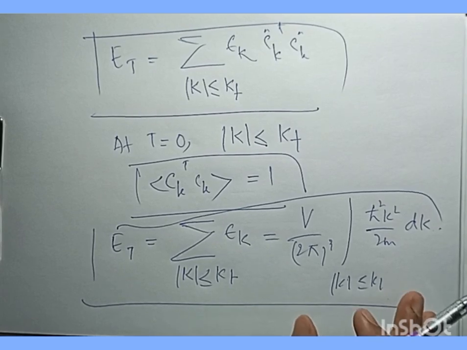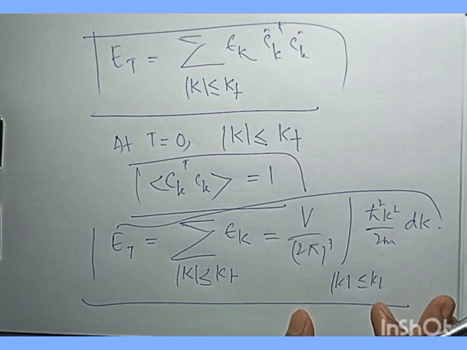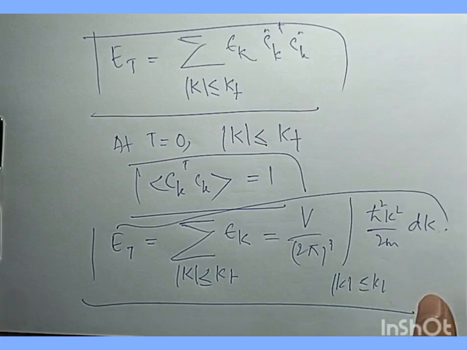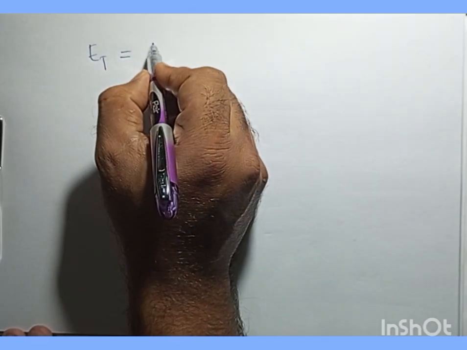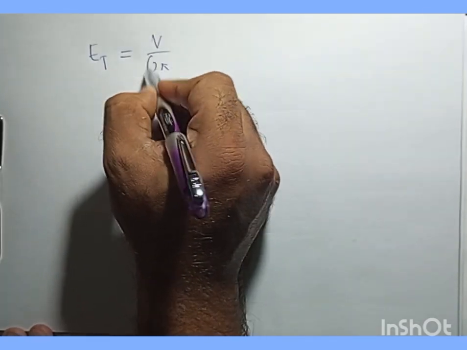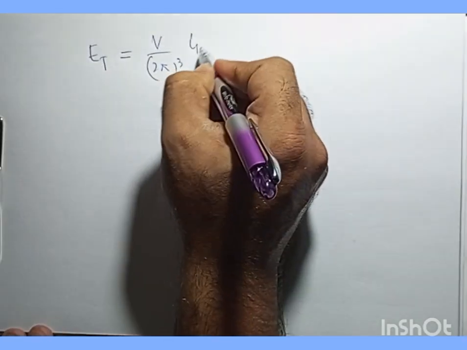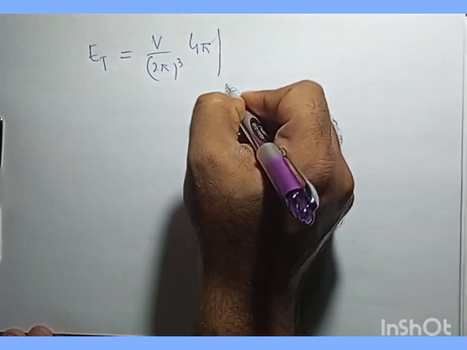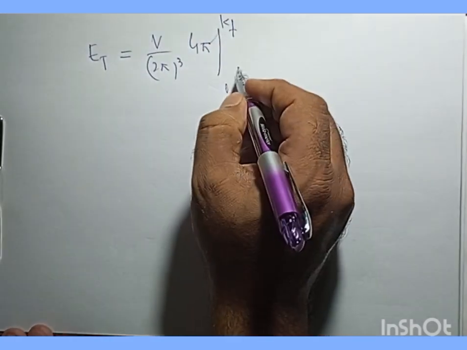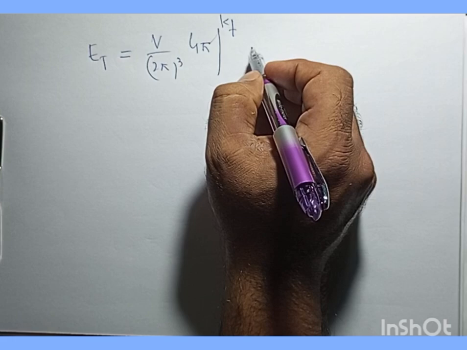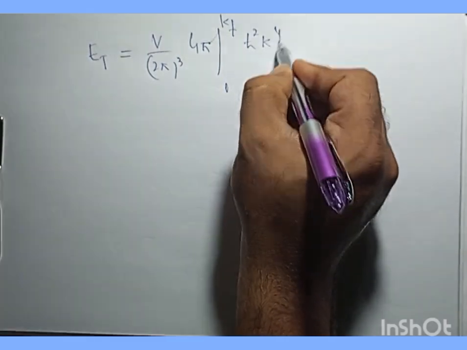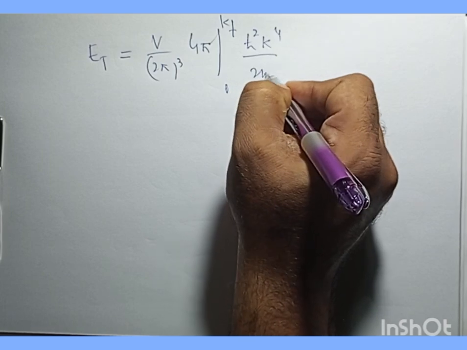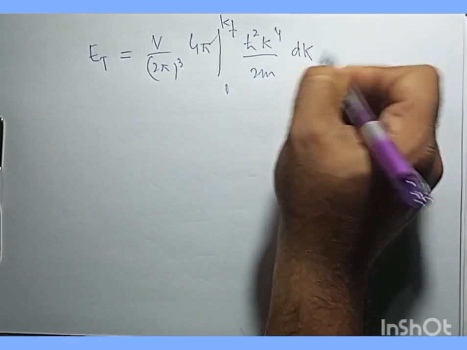So what I mean is, when we transform it into the spherical coordinates, what will be our E total? E total will be V by (2 pi) whole cube and 4 pi, integral 0 to kF, and inside you will have h bar square k to the power of 4 divided by 2m, then dk.